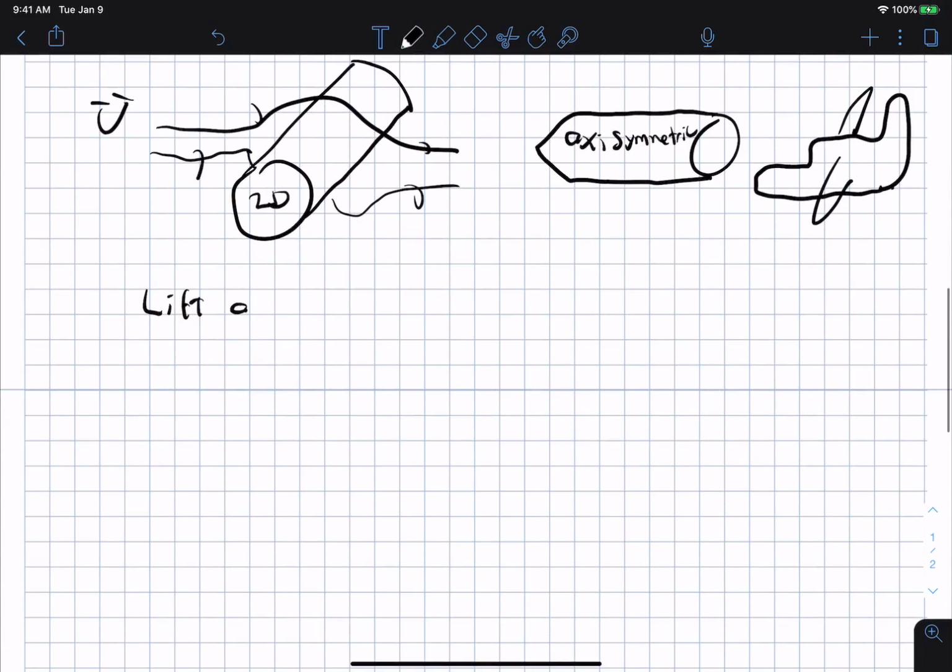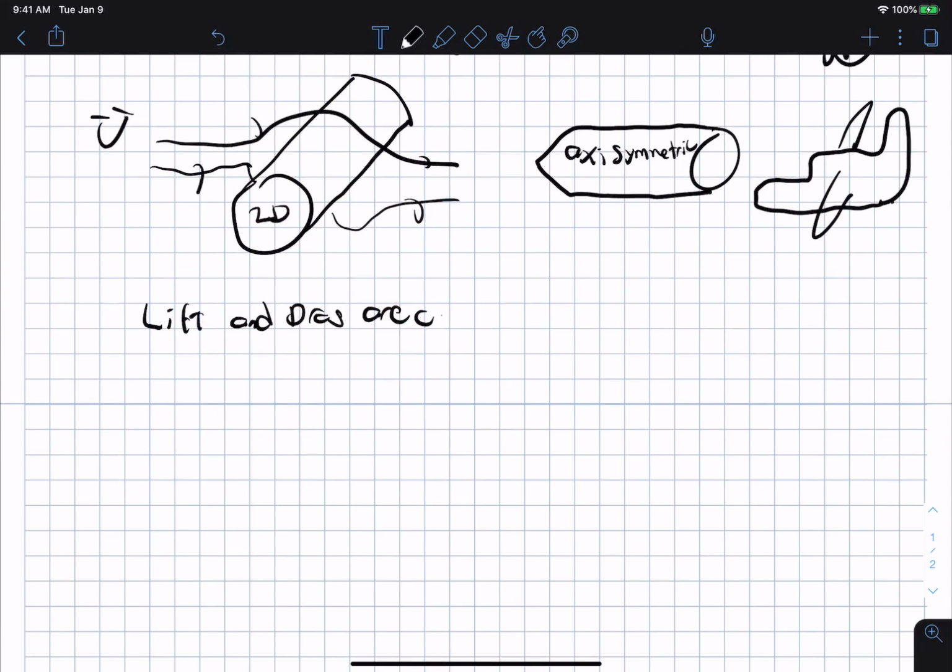So lift and drag are caused by pressure and viscous shear on the object's surface.